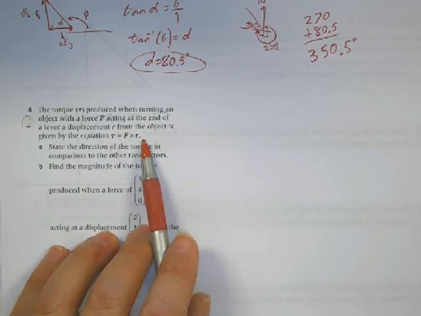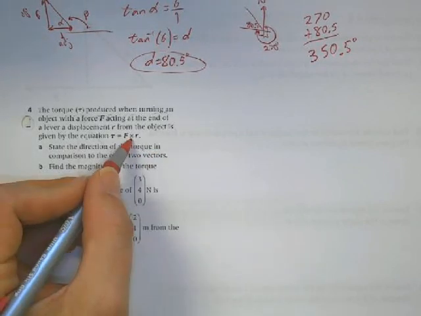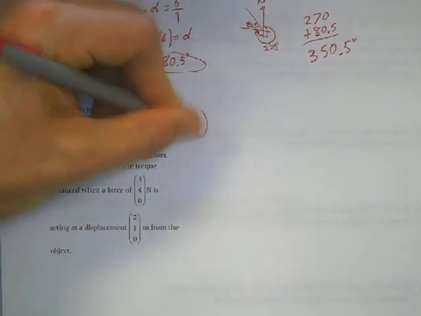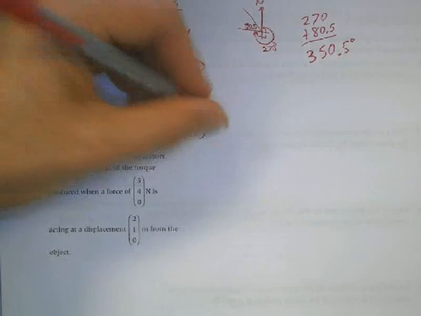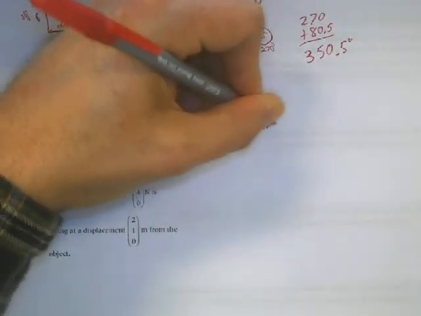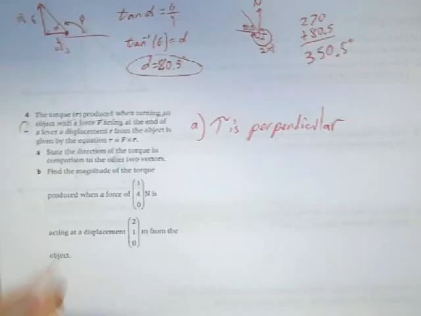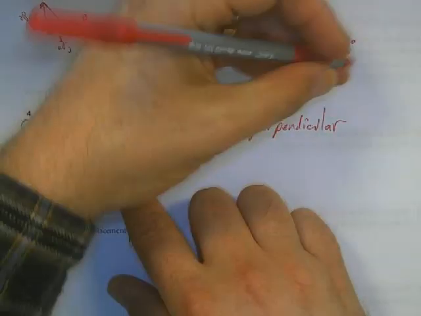State the direction of the torque compared to the other two vectors. If I'm using the cross product, then that means the torque is perpendicular. It's perpendicular to F and R.